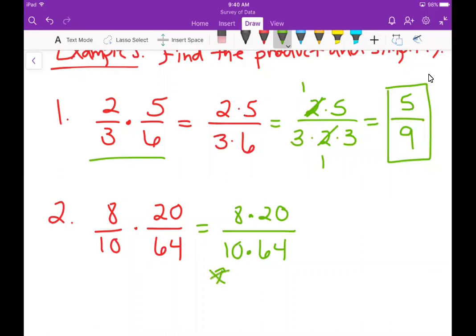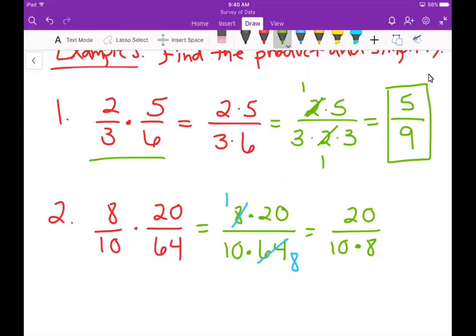Nope. Can 64 be divided by 8? Yes. So one quick thing you can do instead of writing that out is say, okay, 8 can cancel from both 8 and 64. 8 divided by 8 is 1, and 64 divided by 8 is 8. Okay, so now what I'm looking at is 20 times 1 over 10 times 8.